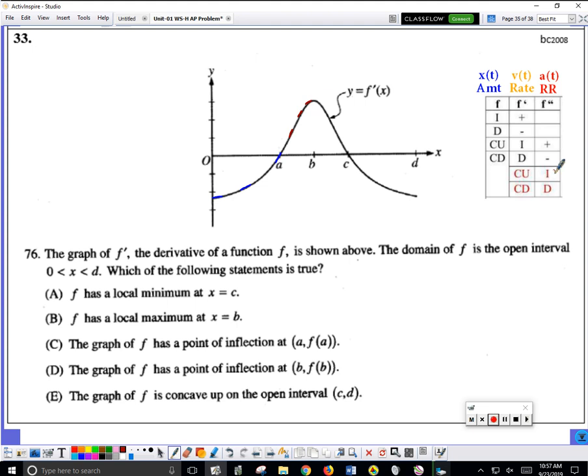It's right here. Along this section of the curve of f prime, the slopes of f prime are increasing. f double prime is the slope of f prime. So that's why there's an I here. Then when f prime becomes concave down, those slopes begin to decrease. That's what concave down means.